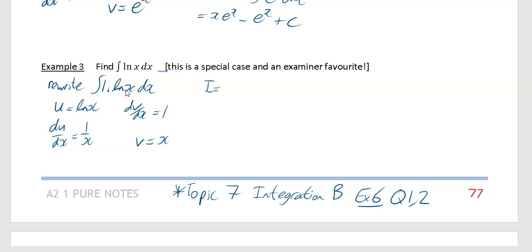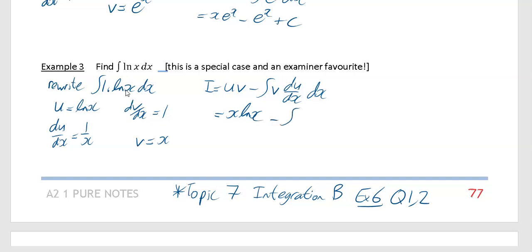So your integral, I, is uv minus the integral of v du by dx, and then we can get cracking with it. So your ln x times your u times your v is going to be ln x times x, or just write that as x ln x to avoid any confusion.